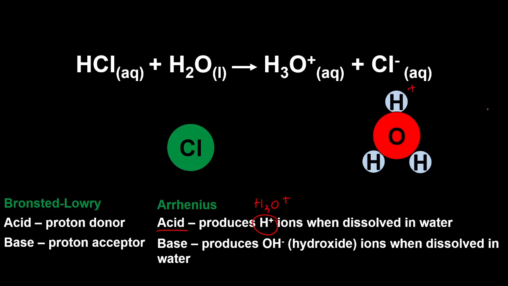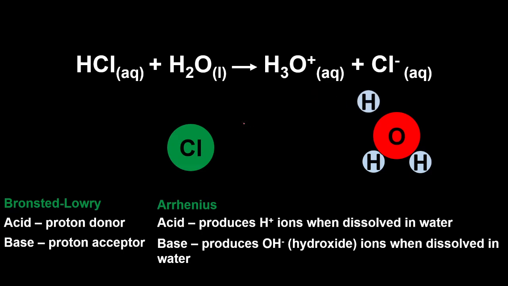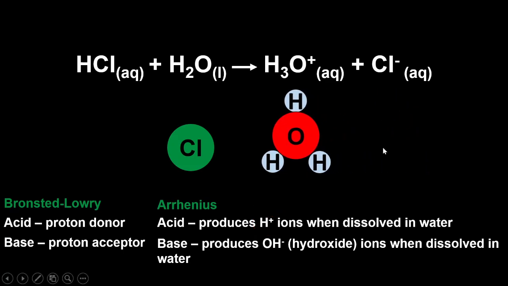Then if we look back here, this H plus from HCl is captured by H2O, so we can also see this as HCl donating its proton or H plus to the H2O molecule. So in this case, again, this HCl donates its proton.